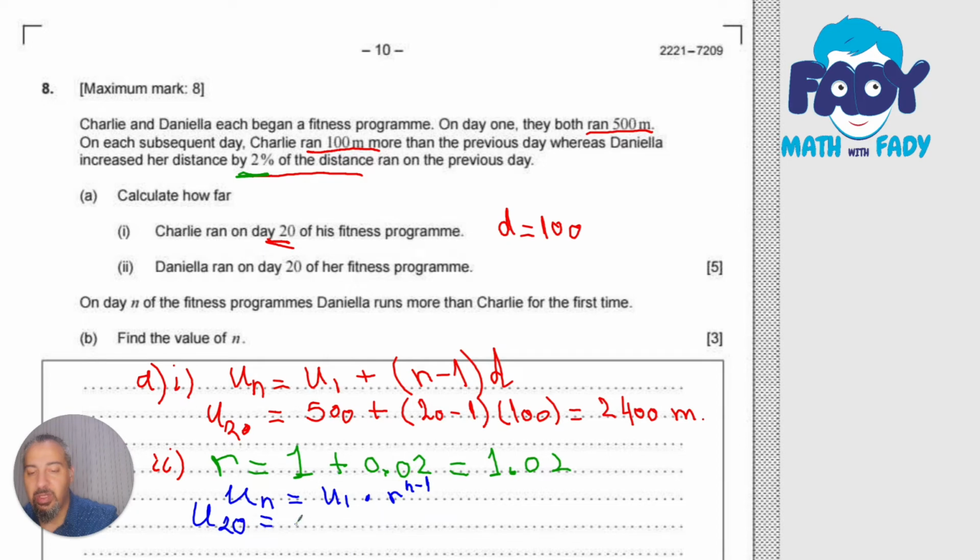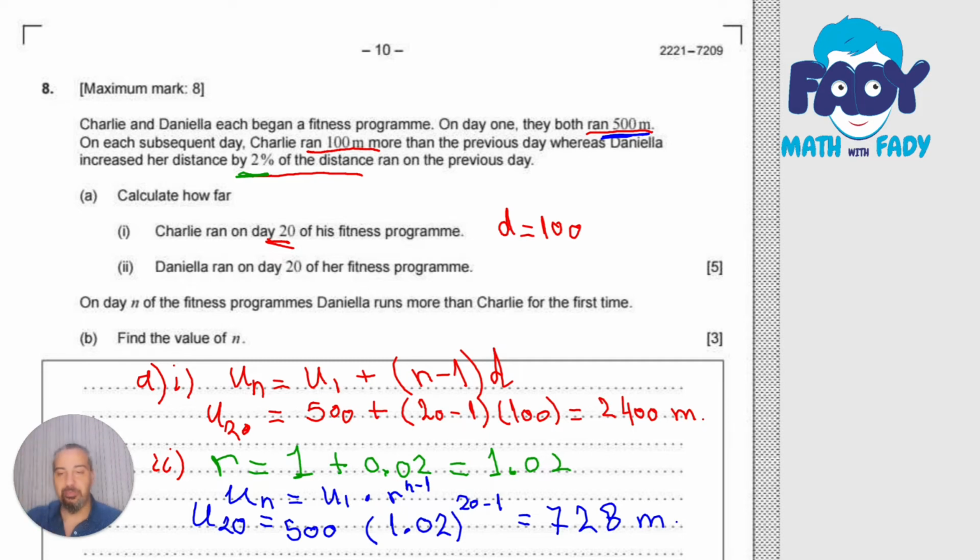So U20 equals 500, our first term, as we said, both ran the same 500 meters on the first day, multiplied by r, which is 1.02 to the power of 20 minus 1. And we will calculate this in the calculator. We will find it's 728 meters. So this is part B.